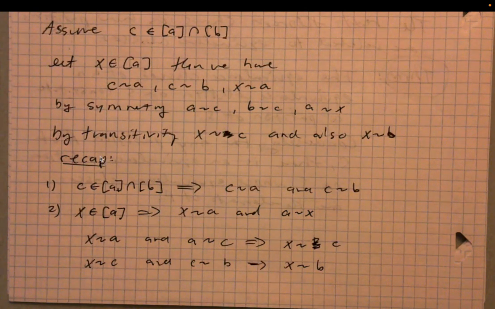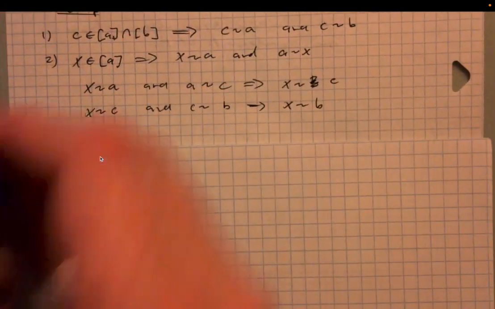Right, so if X is in A, and something in A is equivalent to something in B, it must be true that everything in A is equivalent to everything in B. That's kind of the clincher, right?